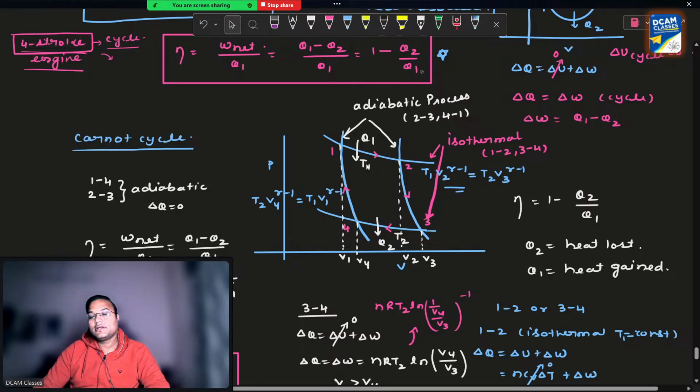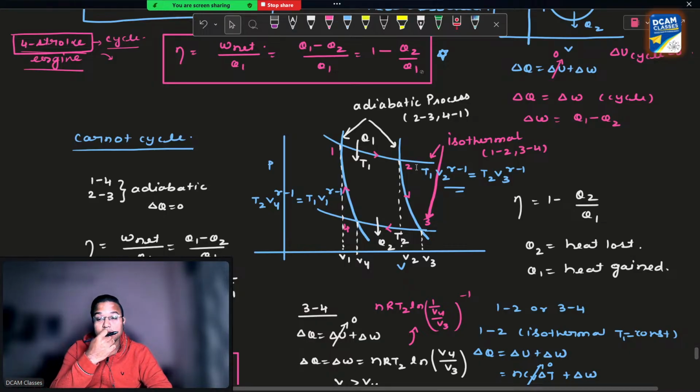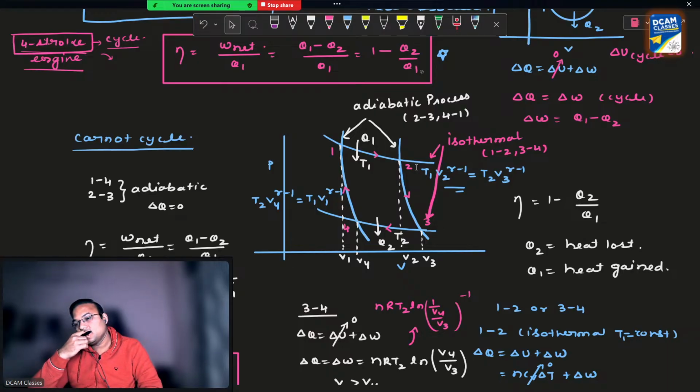What's the reason for it? Expansion and compression. In the process 1 to 2, expansion is going on. So how can we determine heat will be absorbed? Acha. But it does not always mean like that, na? If heat is being absorbed, temperature is constant, volume is increasing.